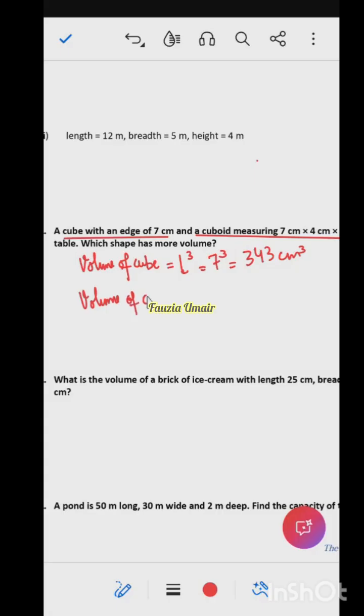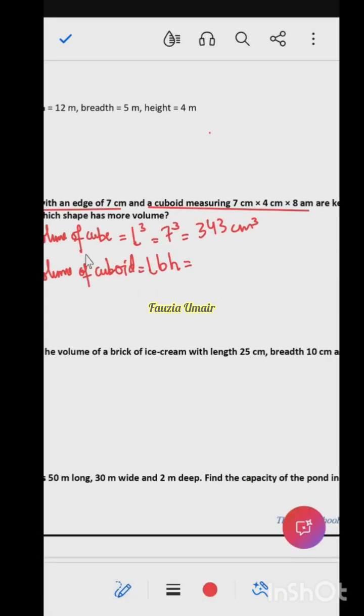Now let's see what is the volume of cuboid. What is the formula we have for volume of cuboid? It is length, breadth, and height. Length multiplied by breadth multiplied by height. So now the three sides are given to you. Length is 7, breadth is 4, and height is 8. So we need to solve these. What is 7 fours? 28.